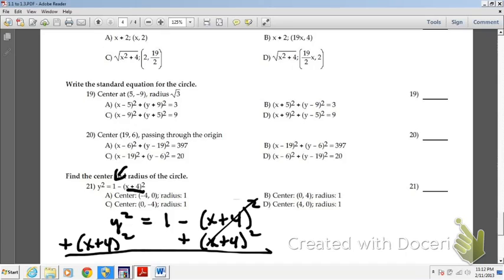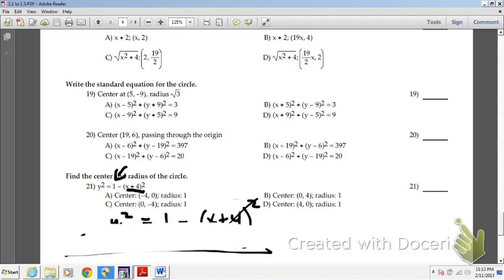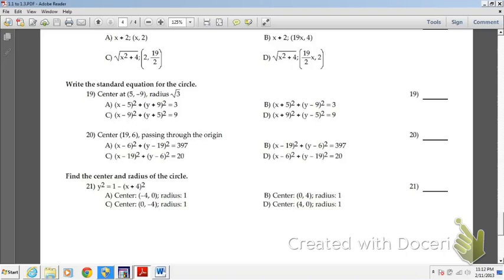And what would we get? Well, we'd get it in a prettier form, right? So then we'd end up with x plus 4 whole thing squared. I'm going to erase this because I'm just going to do that mentally. So we basically end up with x plus 4 whole thing squared plus y squared equals 1.